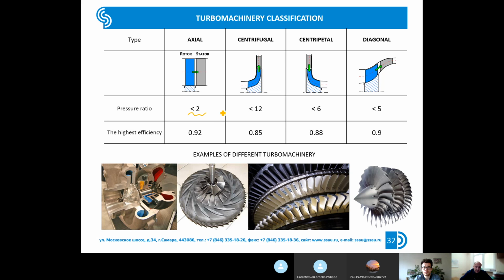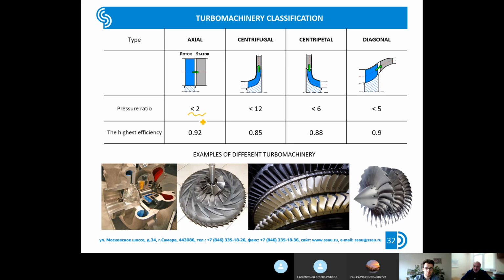For example, I know an example of an axial compressor stage with a pressure ratio of 2.2, as far as I remember, but it's very close to 2. But this number, I mean 2, is a parameter of a future compressor stage. I do not know of real application of such stages in real engines.